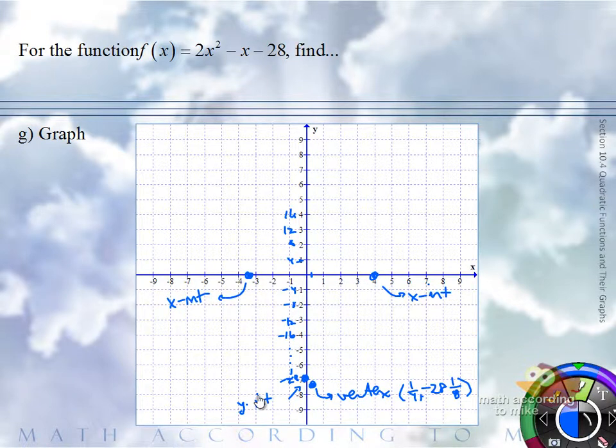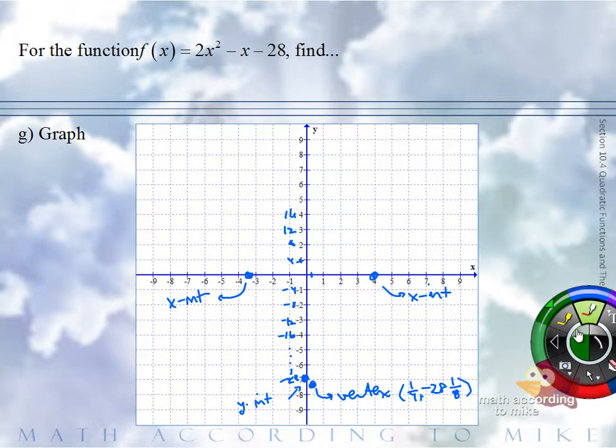It does not look like much, but we actually have enough. Due to symmetry, we can complete the graph, and remembering that the vertex is the lowest point. So starting from the vertex, drawing your curve, make sure you go through your y-intercept, make sure you go through your x-intercept. Starting the vertex, drawing the right-hand side, make sure you go through the x-intercept.